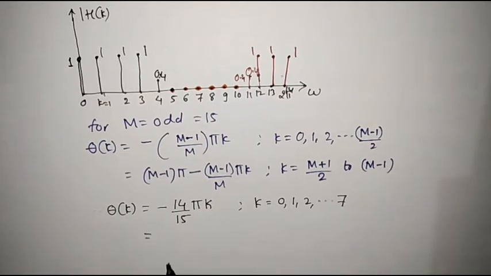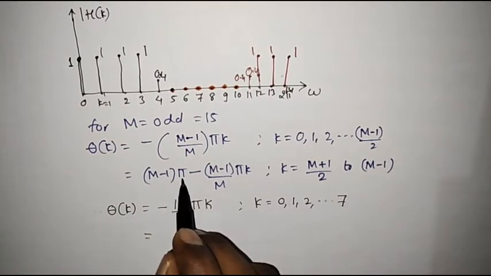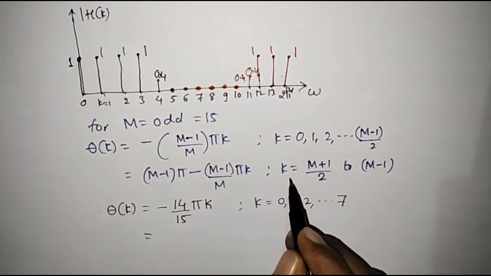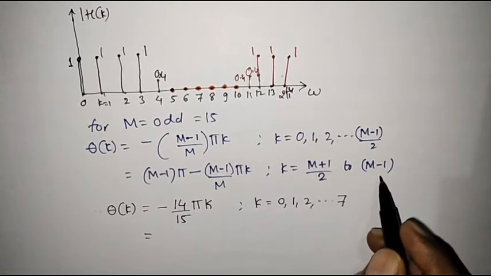And the second expression is (M minus 1) pi minus (M minus 1) by M pi k for k equal to (M plus 1) by 2 to M minus 1.